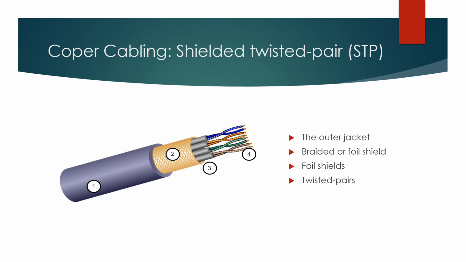Number 2, the braided or foil shield, and number 3, the foil shields, are for protecting them, so much better protection from electromagnetic interference and radio frequency interference. And at the 4th one, you can see the twisted pairs that are for protecting them from crosstalk.